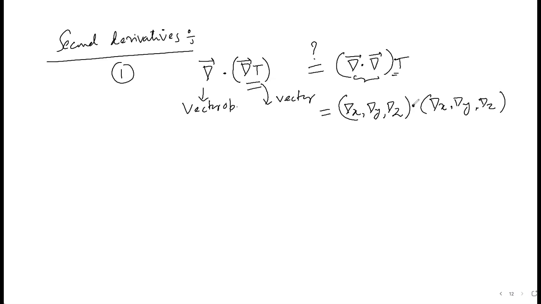Since there's a dot product associated with this, the cross terms won't appear. So I will say del squared is del by del X squared, del by del Y squared and del by del Z squared, and it will operate on some scalar field.